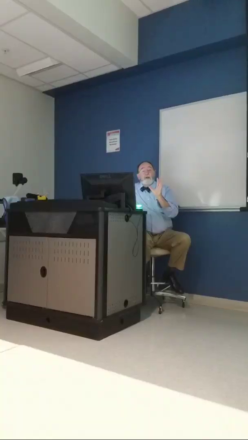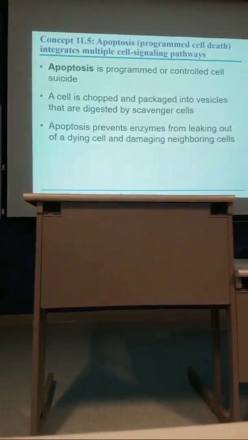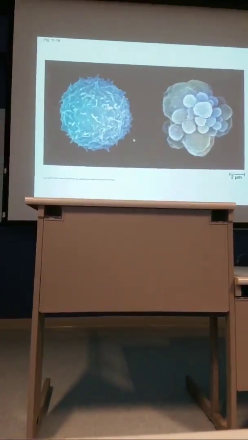It will die in such a way that other things will come in and kind of isolate that little cell, so all of the junk, like the enzymes that can be harmful inside, don't get out into the tissue and hurt other good cells. It's just a neat way of getting rid of the cell and all of its harmful parts inside. Notice it says apoptosis prevents enzymes from leaking out of a dying cell and damaging neighboring cells.